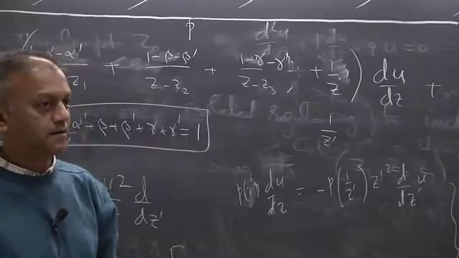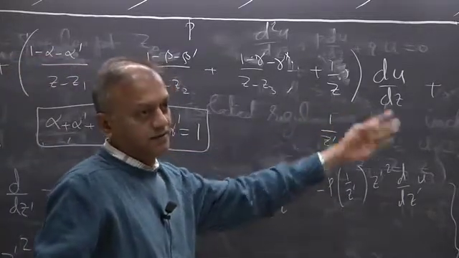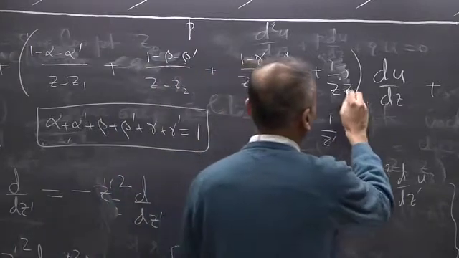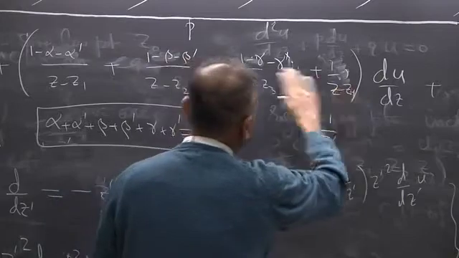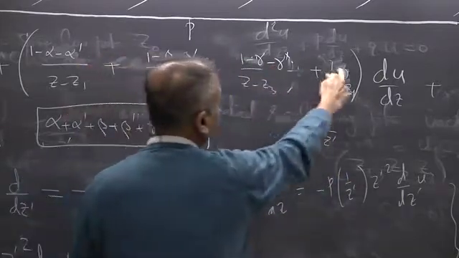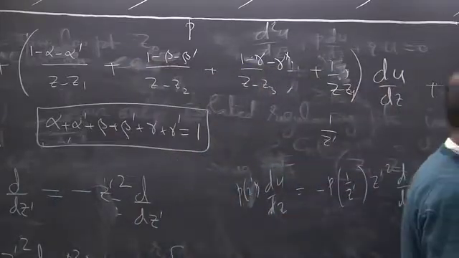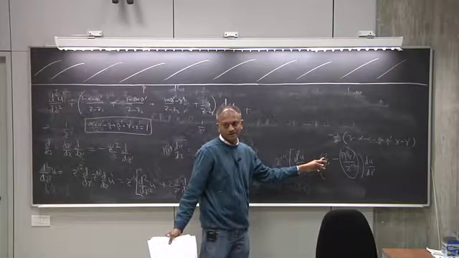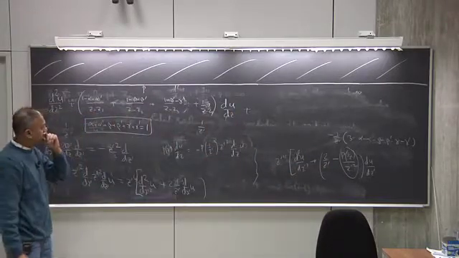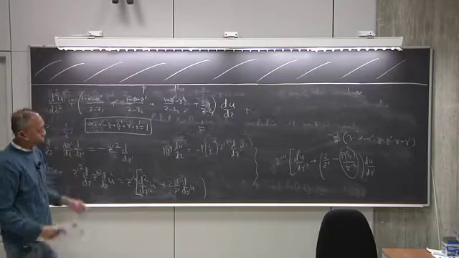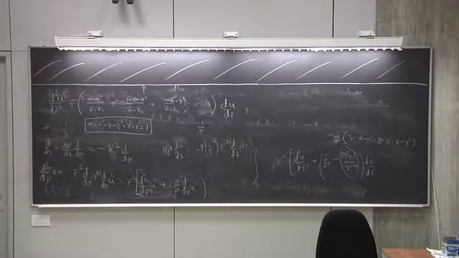If you have four singular points, then there would be z minus z4, for example, and again there will be a relation between these four constants. Basically it says that the sum of those four constants must be equal to 2. So it gives you one relation. But we are looking only at three regular singular points.